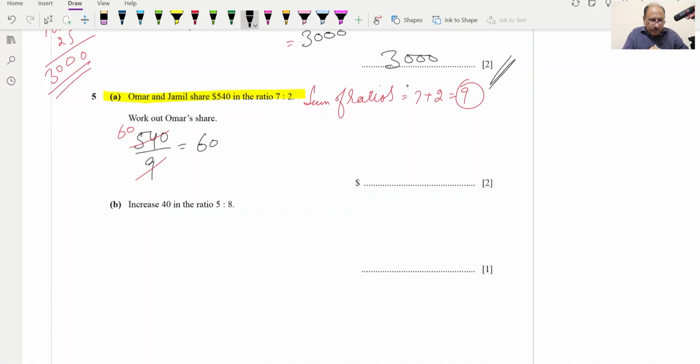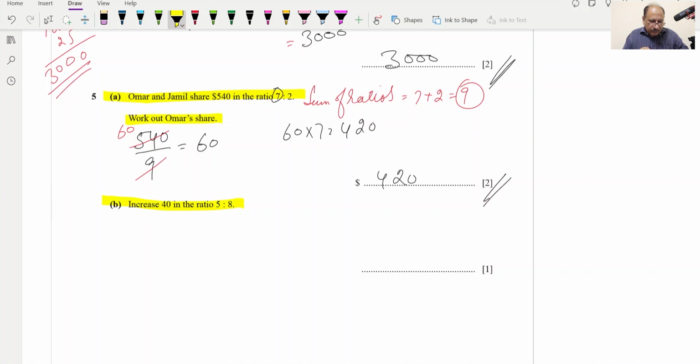So one part is 60, and we can check for Umar's share. Umar's share is 7, so multiply 60 multiply by 7 will be equal to 420. So dollars 420, this will be our answer. 2 marks for this part.